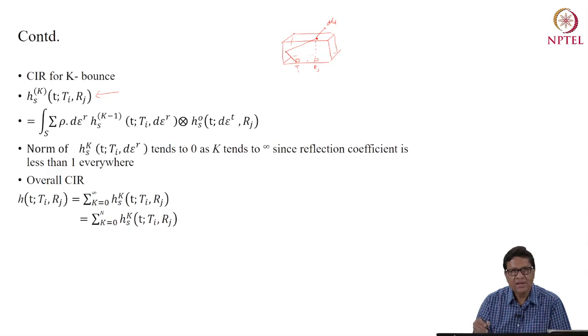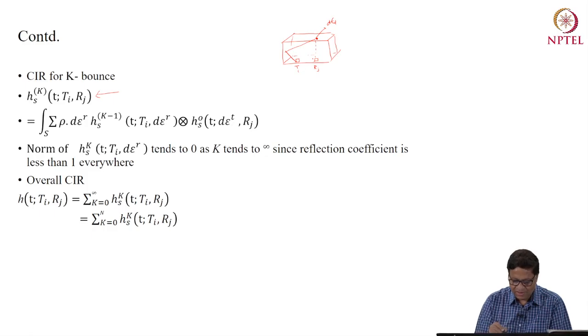Then I'll calculate the second one using this one, and the third one using this second. And for finding the kth, I need the k minus 1 reflection response, and if you convolve the k minus 1 channel impulse response with this impulse response shown here, then you get the channel impulse response after k reflections.